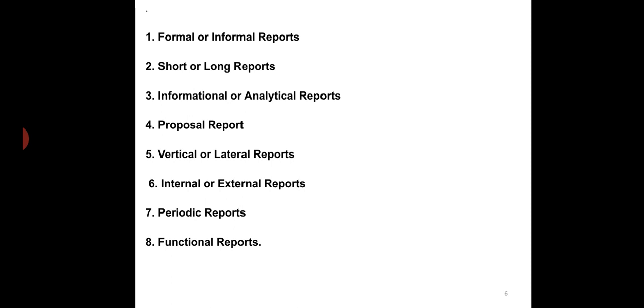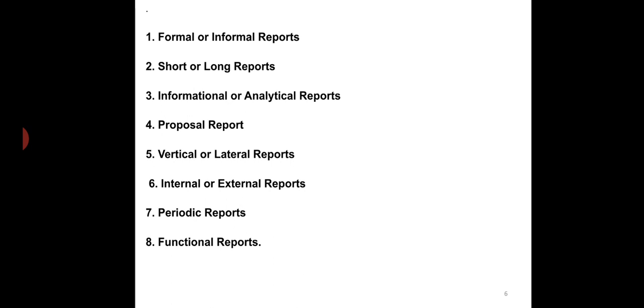This type of report is generally upward directed and serves management control. For example, the sales report is submitted to the management, so it is directed upwards. That is known as a periodic report.